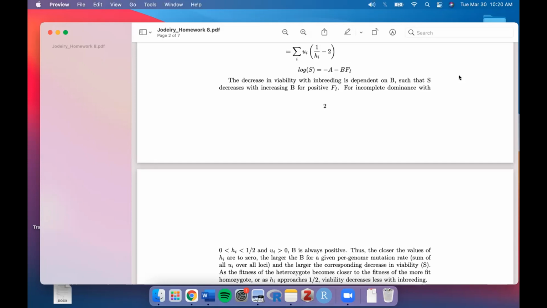So inbreeding depression is being caused here largely by the most recessive loci, which again, from Greenberg and Crow, we expect to be also the loci with the largest S. So to the extent that inbreeding depression exists, it probably is being caused by some number of recessive lethal alleles, effectively, or nearly recessive.